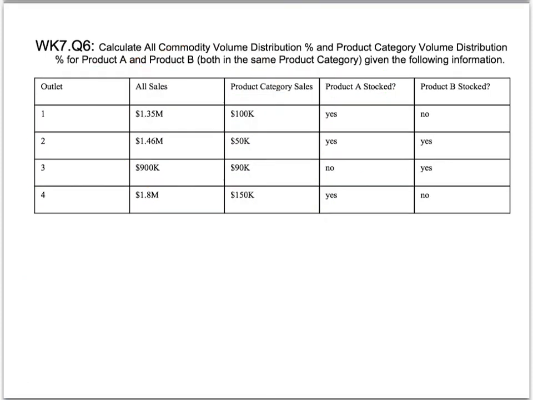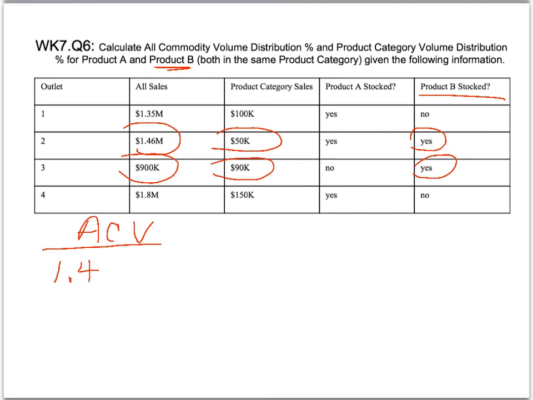We're going to do an ACV and a PCV for product number B now, where product B is only stocked in 2 outlets. So again, we're just worried about these 2 numbers here. For an ACV, we're going to take 1.46 million and add it to 0.9 million, or 900,000, and we're going to divide again by total sales.